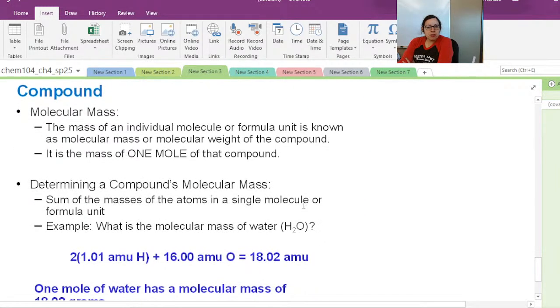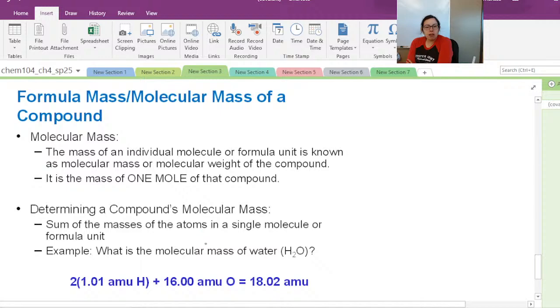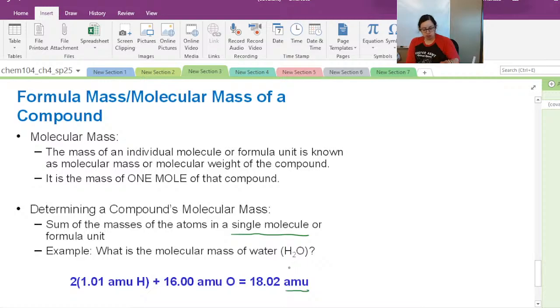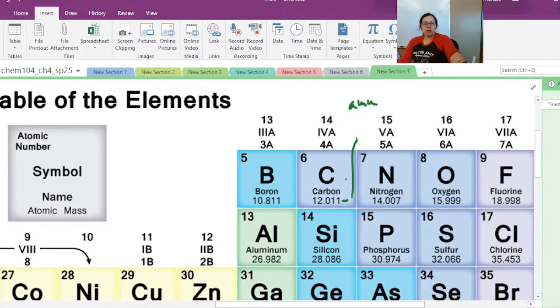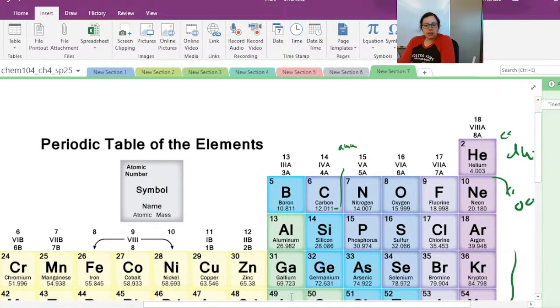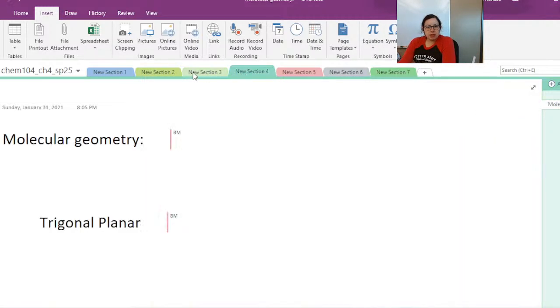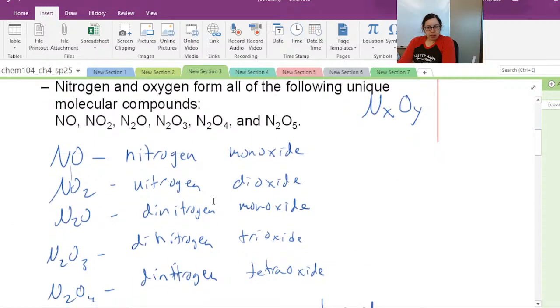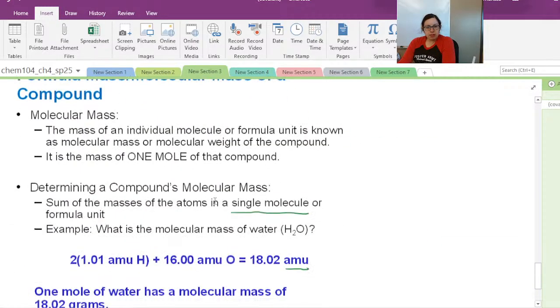So going back to our notes, we could be talking about a single molecule. That's where we would be in these AMU units. And you just get the numbers from the periodic table, if that wasn't apparent. So let's practice this one together.